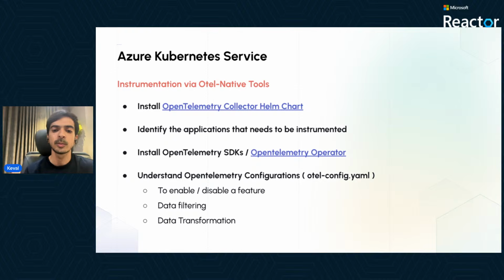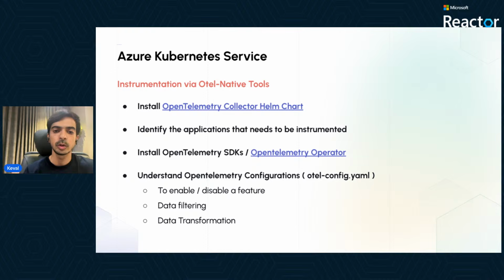Those things the OpenTelemetry Operator can help manage. When you go with this setup, the OTel config file comes as a ConfigMap inside your cluster, and you will need some expertise in the OTel config to decide how you want to transform or filter out the data. Those are all the processes that you have to go through with the OpenTelemetry-based setup.